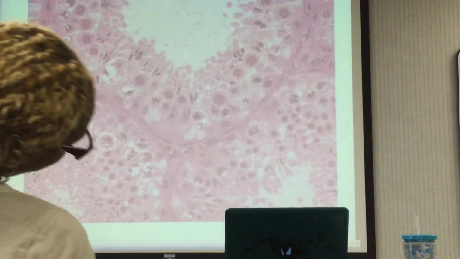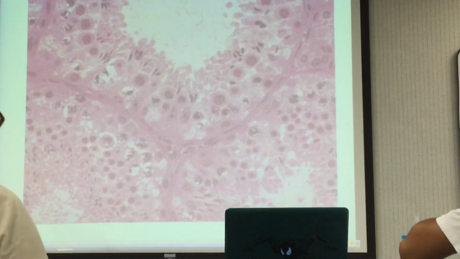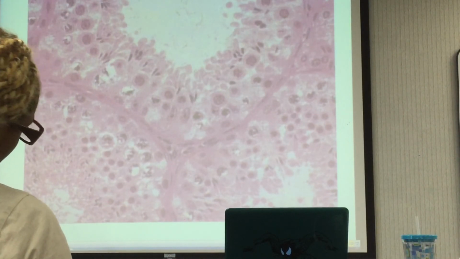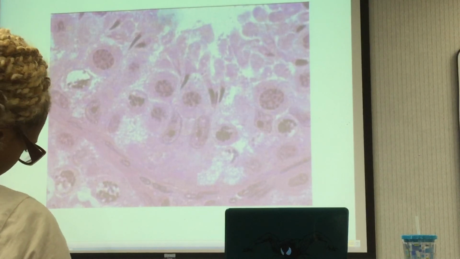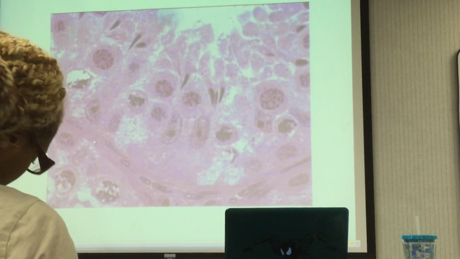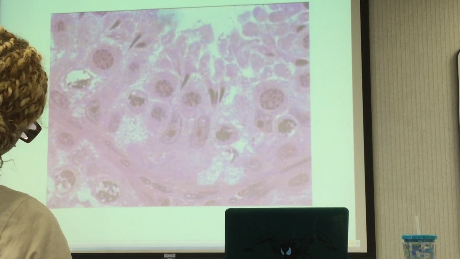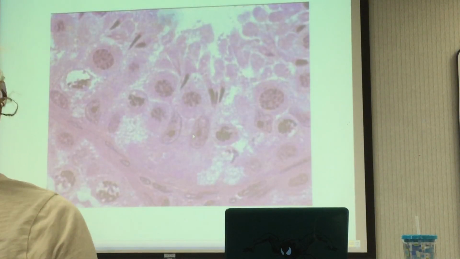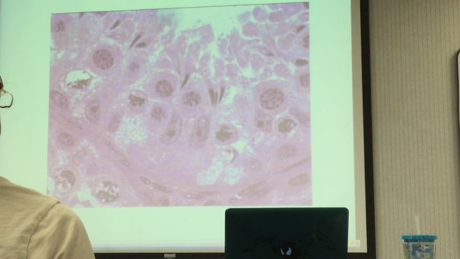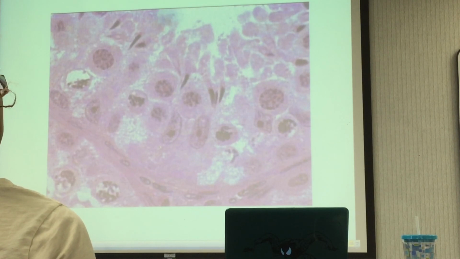Okay? I promise you, you're going to see it on the exam, and I'm going to hold you responsible to be able to distinguish between this cell and this cell. This one and this one and this. You have to tell me what these cells are.